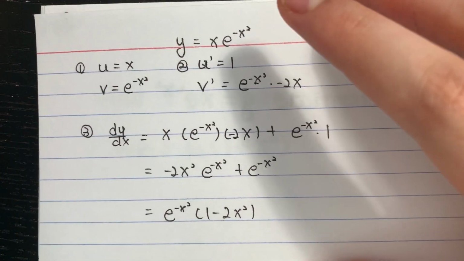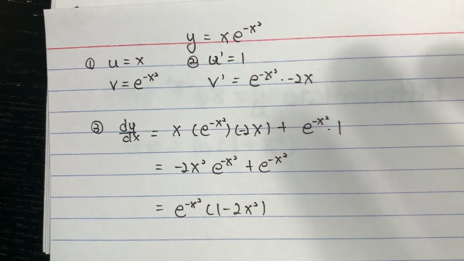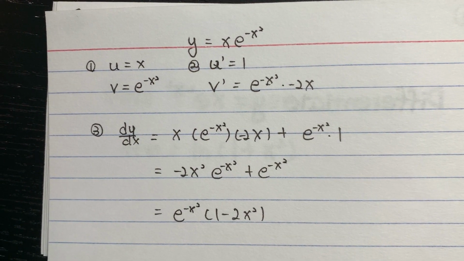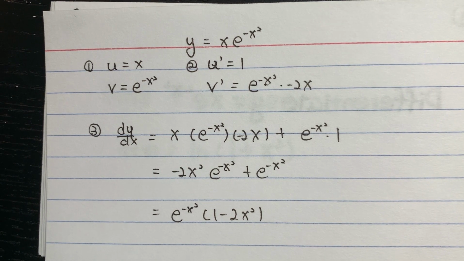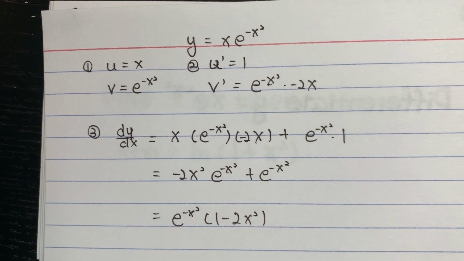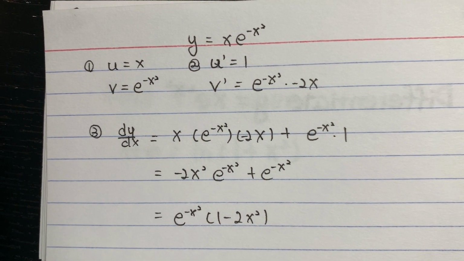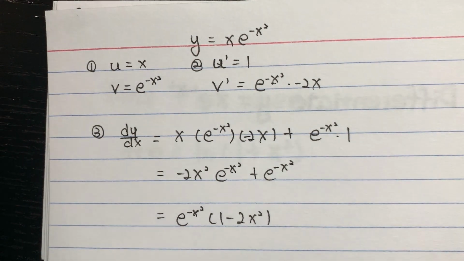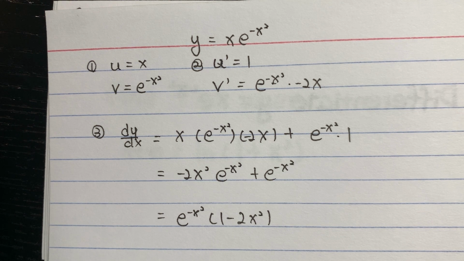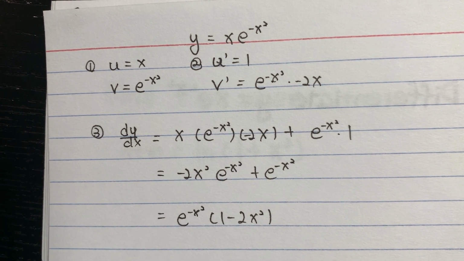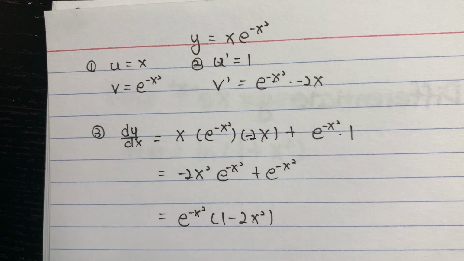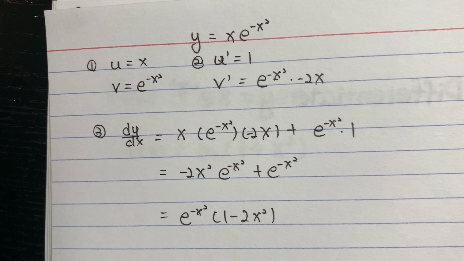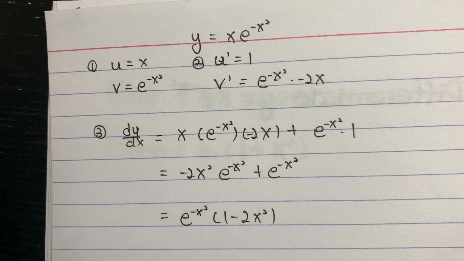Okay, so we have the function x times e to the negative x squared, and as I've already said, if there's no plus or minus and there are two x in one term, this is a product. So you use the product rule, so you identify two functions and differentiate each of them, and you substitute them back into the product rule, and you figure out the answer.